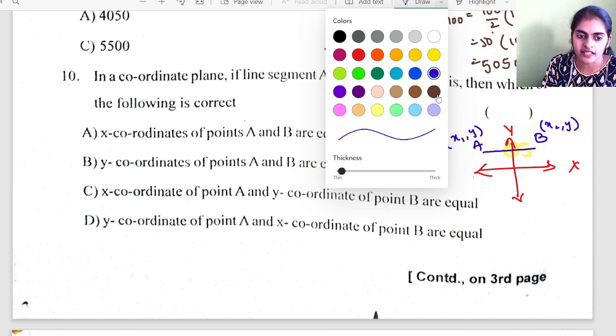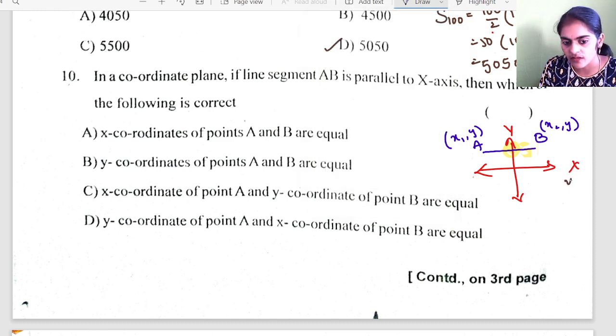So what is the equation of x-axis? It is y equal to 0. Here on x-axis all the y coordinates are 0. If you take a line parallel to x-axis, so all the y coordinates are equal to some value there. Okay, only the x value changes. Here the x1 value is different. Here the x2 value is different.